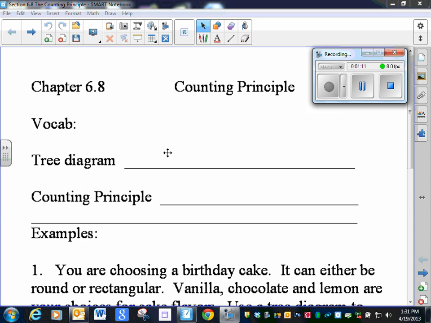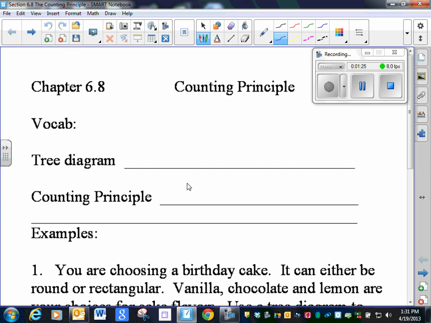And that is called the counting principle, which is on the top of page 328. I think they call it the multiplication principle. But basically, the counting principle says, however many options you have for each of your choices.